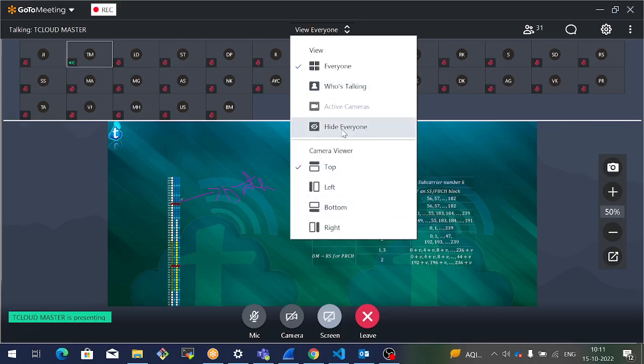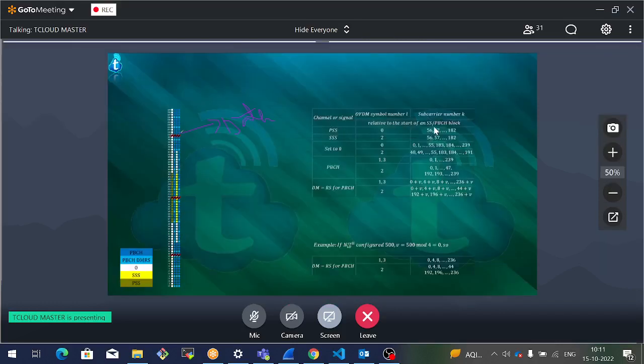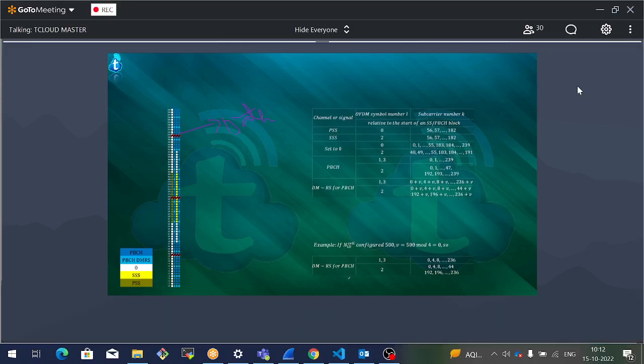To detect the position of your PBCH channel, it is mandatory for you to detect the position of the PBCH DMRS. But that is only possible if you know something called N cell ID, or your cell scrambling code. Now I am creating a dependency chart.